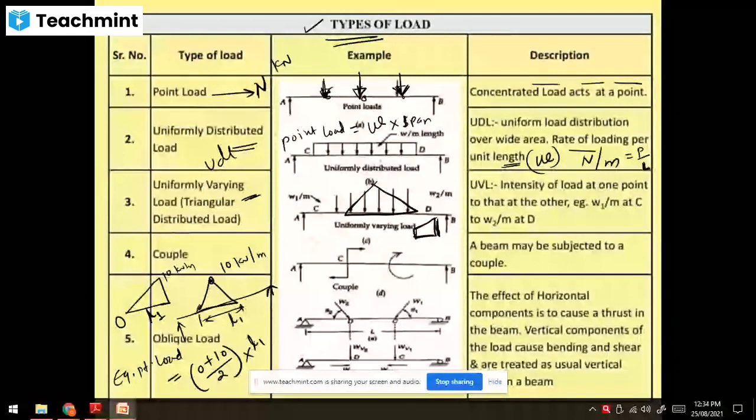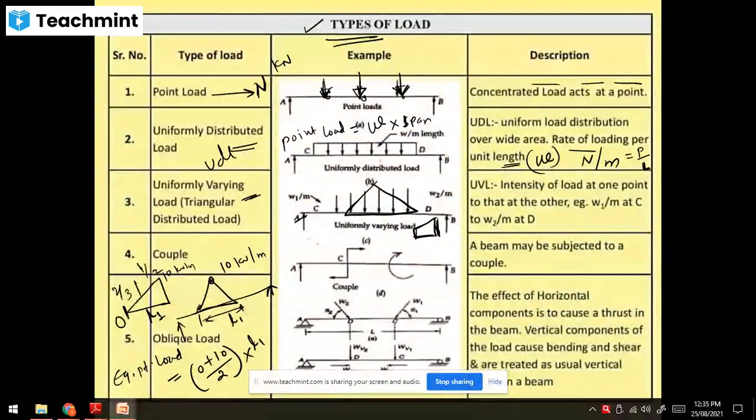Okay, so depending upon where the apex is, from that you can find out where it will act. So in this case, from this point it is acting at a distance of 2/3, remaining is 1/3.